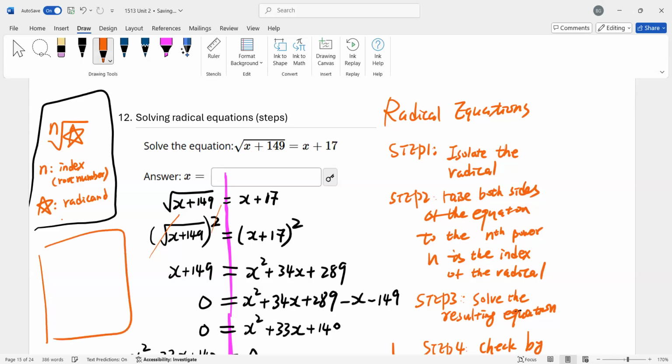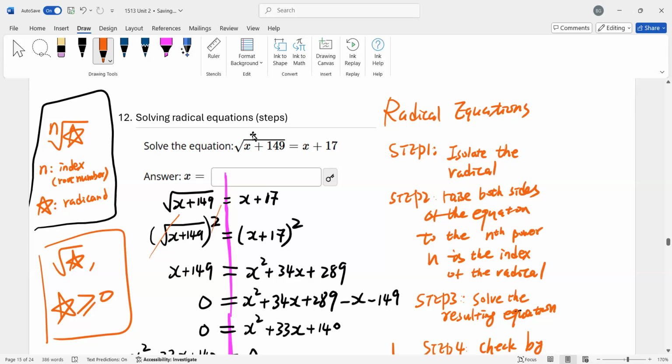And another important thing, the radicand under the square root has to be bigger than or equal to 0. On top of that, the range also is non-negative. So the square root of x plus 149 cannot be negative. That means x plus 17 cannot be negative.